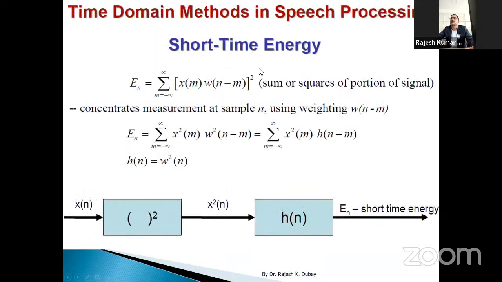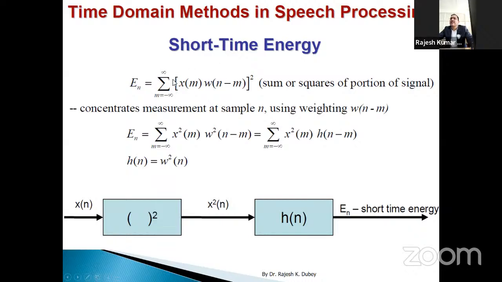So this is the calculation of short time energy, the formula for short time energy. In the normal calculation of energy, we take signal x and find its energy from minus infinity. But when we are doing short time energy, we multiply the complete signal with a short time window, a rectangular window. W is the rectangular window.